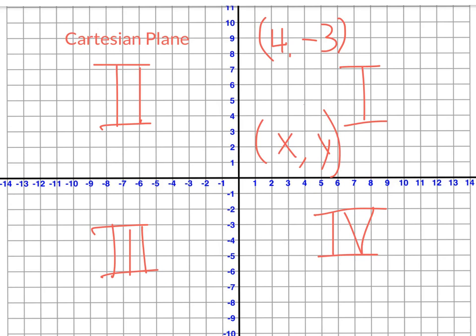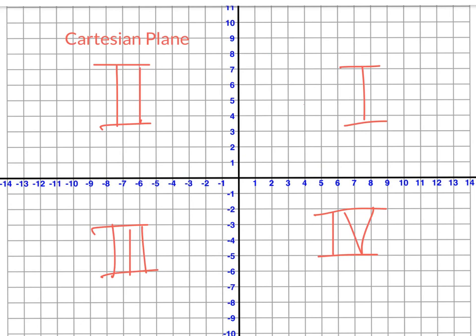I will make a big point. And I almost did it in the right spot. So there we have our point placed at (4, negative 3). Those coordinates, or ordered pairs, are how we navigate around the Cartesian plane.